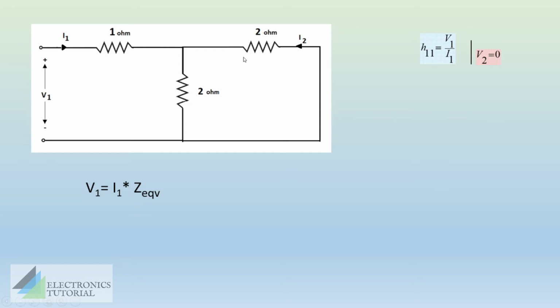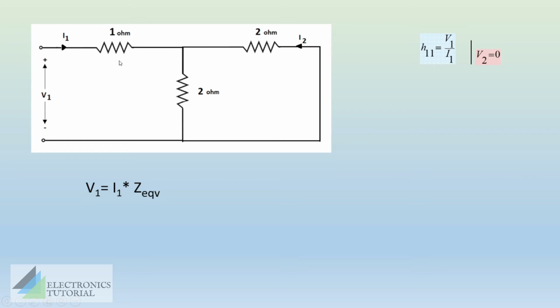The resistor that is adjacent to this is a 2 ohm resistor. This is joined to this resistor here at this point and also at this point. Here both the ends are interconnected, so it will be a parallel connection. After getting the impedance of this parallel combination, we'll consider the next resistor.